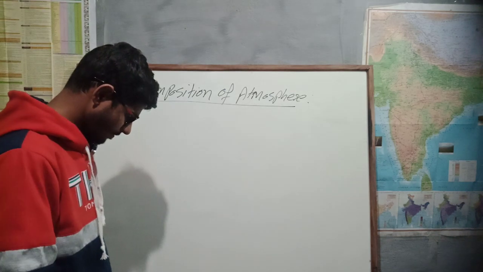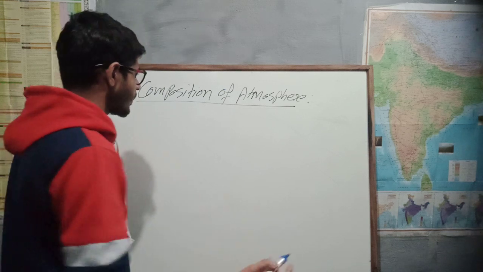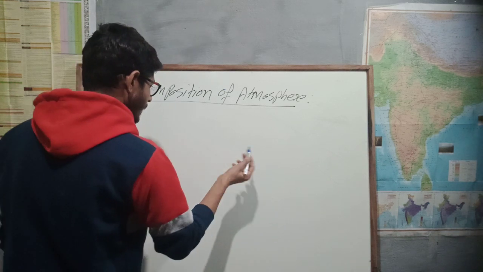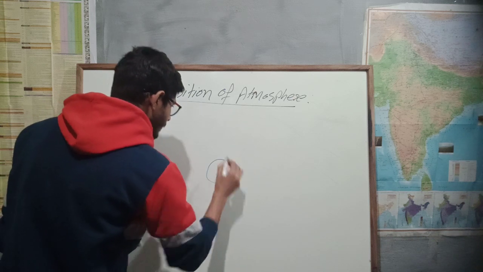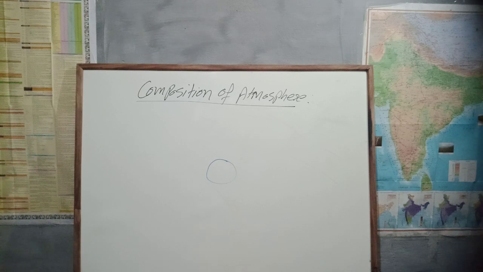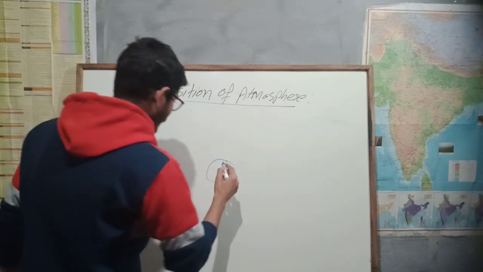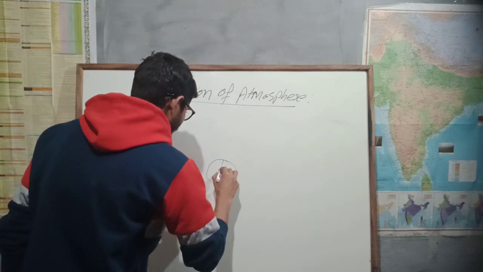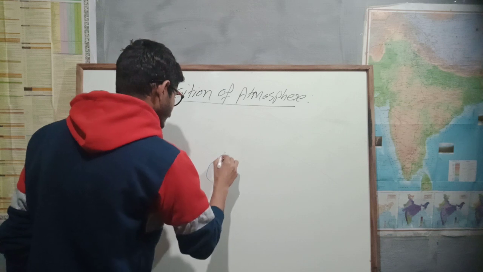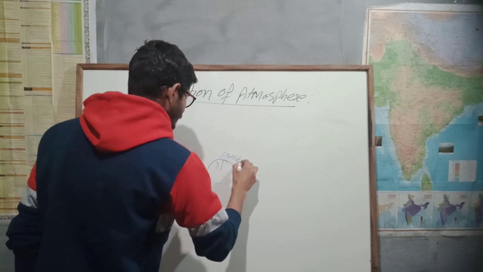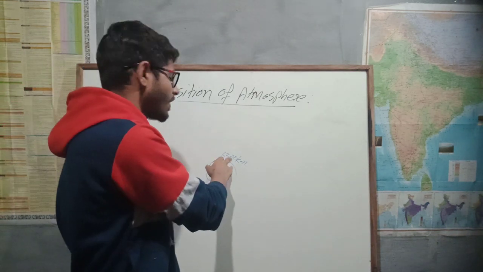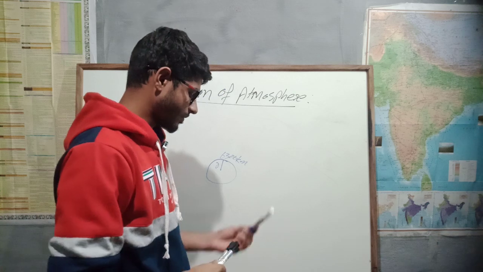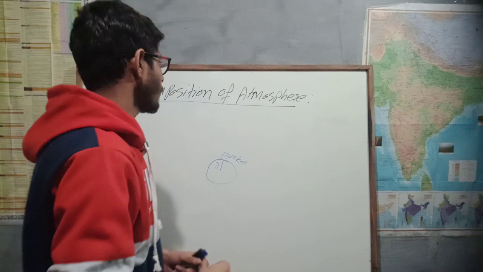So what is atmosphere? Look, guys. This is Earth, and it has a radius of around 6,300 kilometers. So imagine, guys.